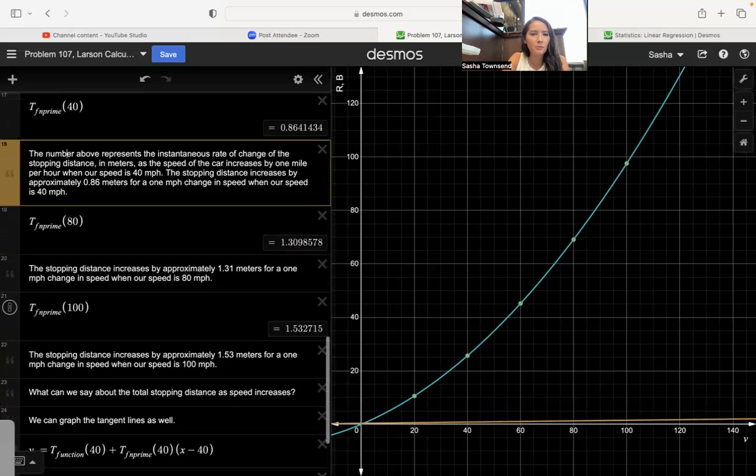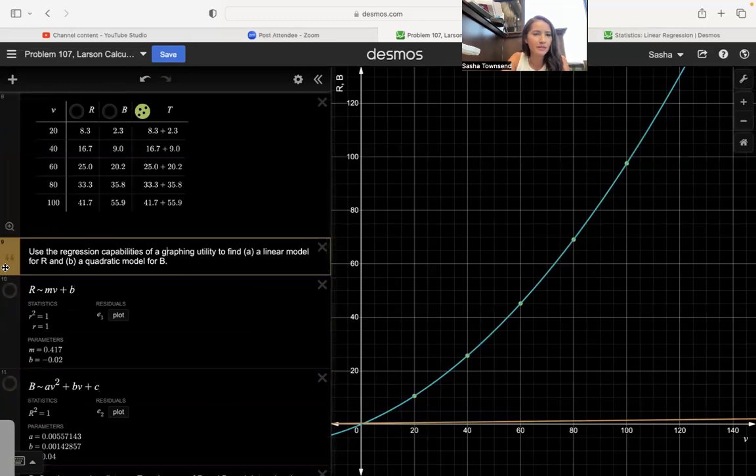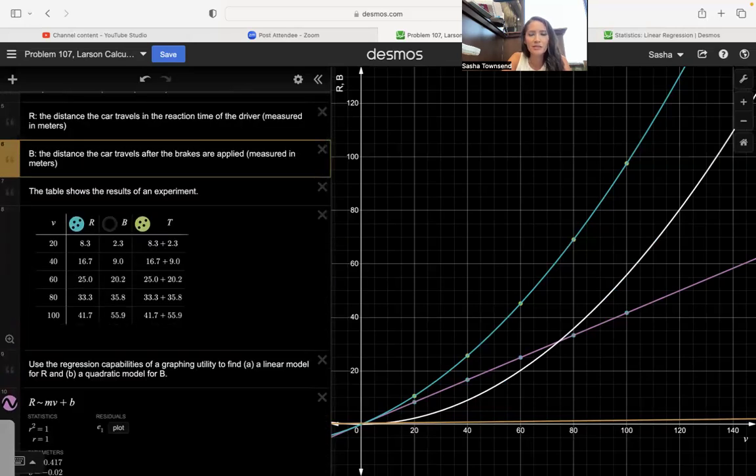And then we also were asked in the textbook, I didn't type this in on the graph on Desmos here, to graph all 3 curves on the same set of axes. So here are our values, and trying to remember what R was again. The distance we travel in the reaction time of the driver, and then the B values for the distance the car travels after your brakes are applied.